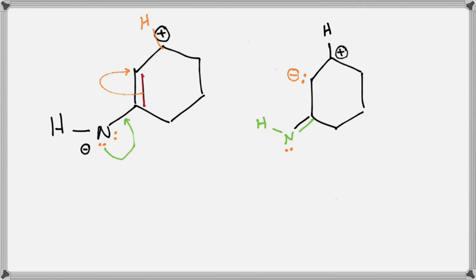This is what I could go through and draw. Is this a structure that you didn't like? Yeah. Why do you not like this? Because I want the lone pair to go to a double bond to neutralize both sides.